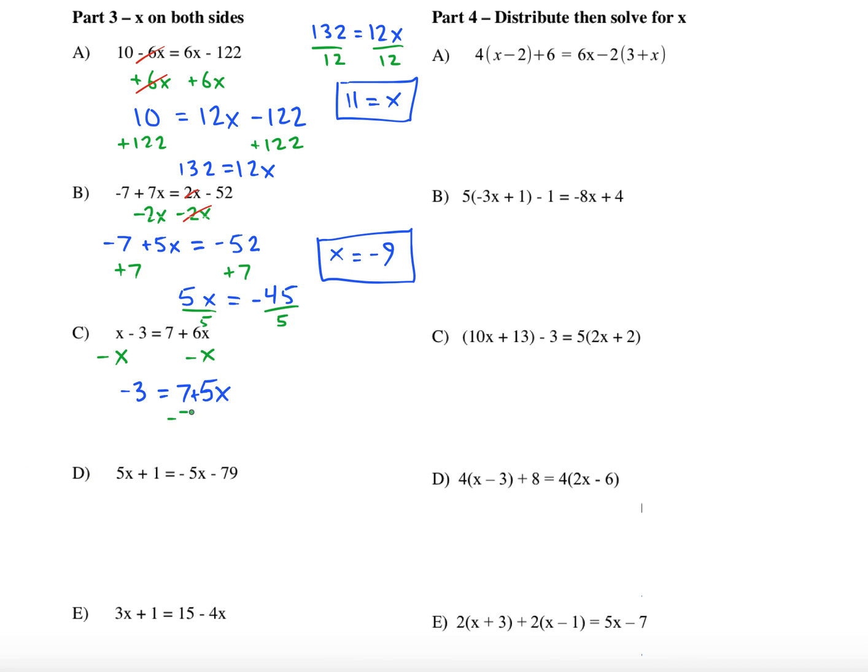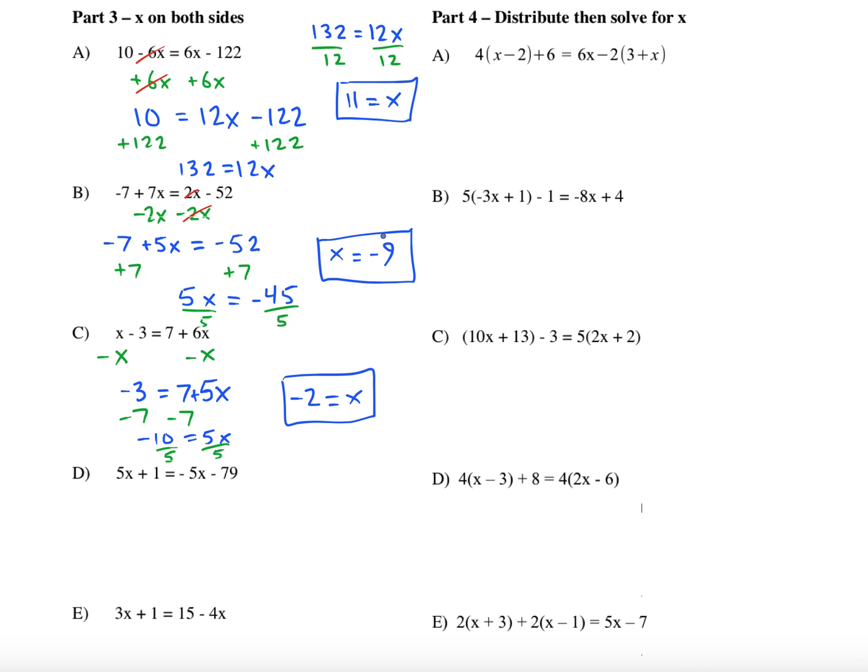Then we will subtract 7. Negative 10 equals 5x. So negative 2 is x.